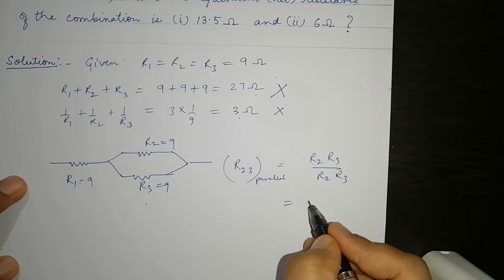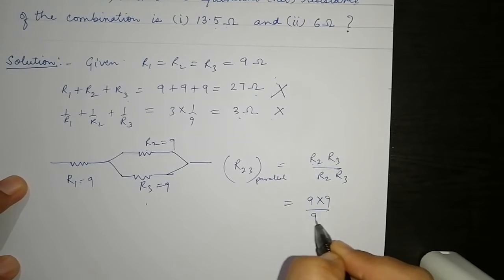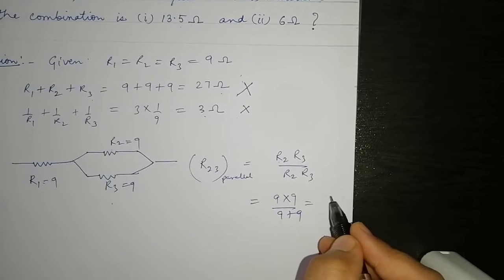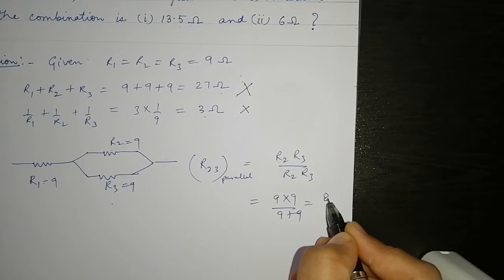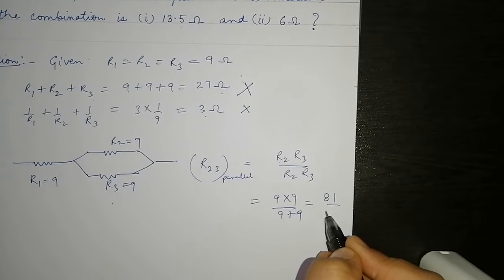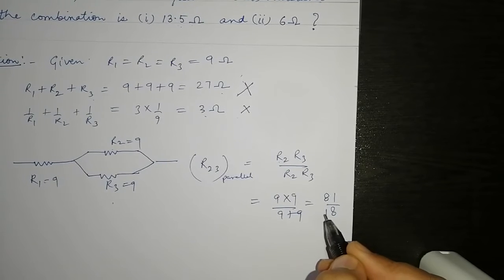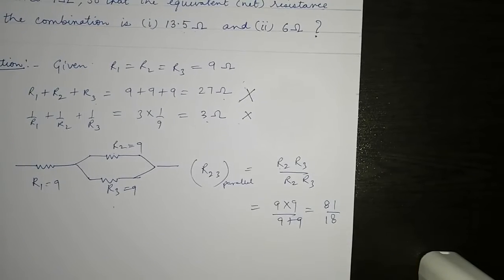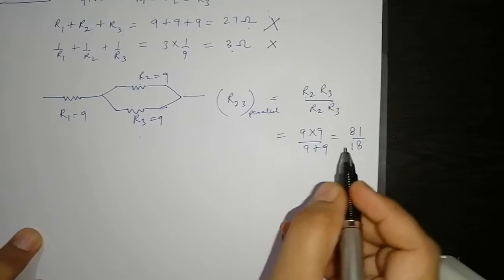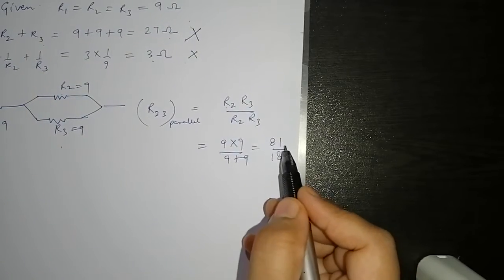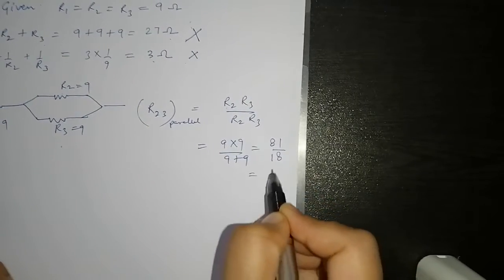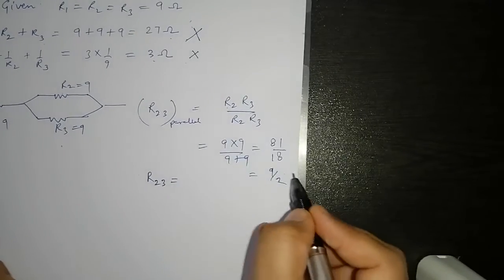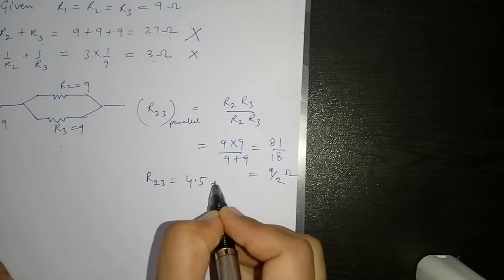So R2 R3 is how much? 9 into 9 upon 9 plus 9. Right. So this is nothing but 81 divided by 18. Okay. So this comes out to be 81 by 18, that is 9 by 2. So R23 comes out to be 9 by 2 ohm, that is 4.5 ohm.